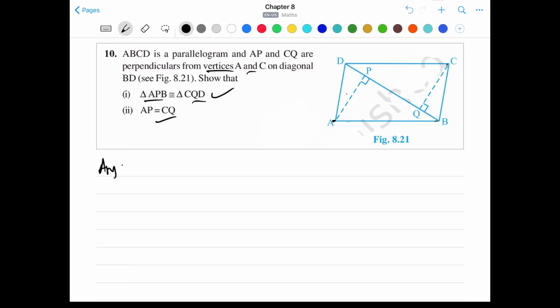So first write answer number 10. We'll mention the given first.